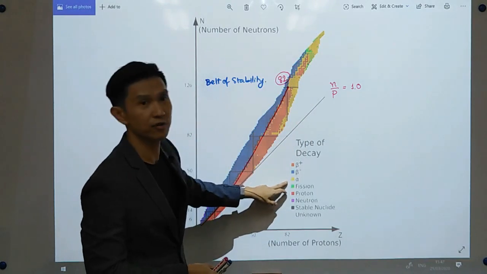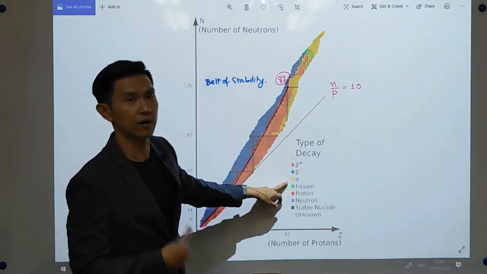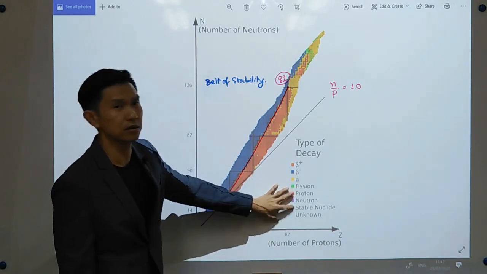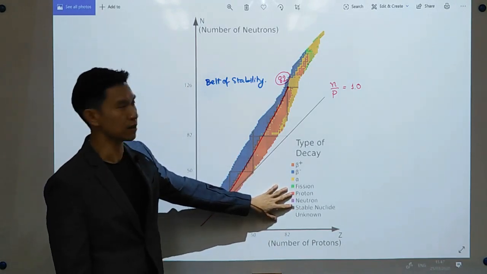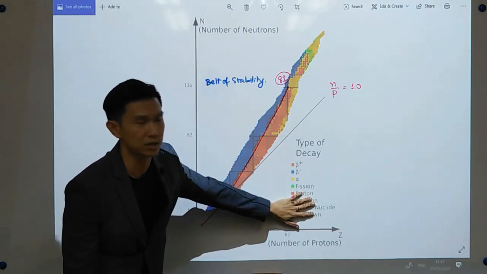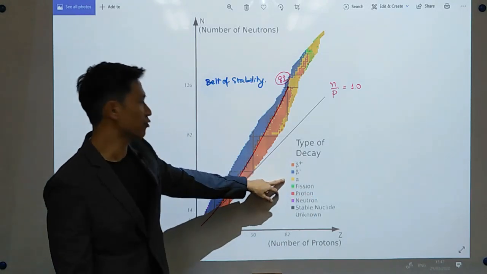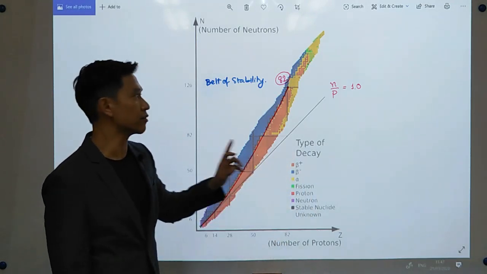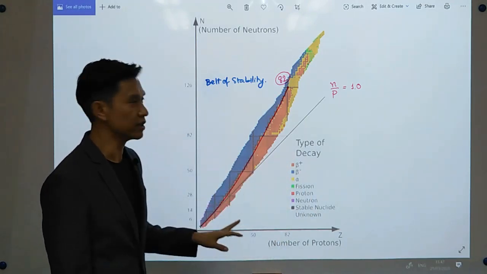The yellow color is alpha particles or alpha radiation. There are actually other types of radiation as well, but we will not focus on these rare types. We will focus on alpha, beta minus, and beta plus, that I will show you later from this slide.